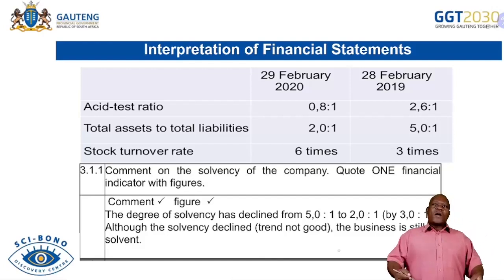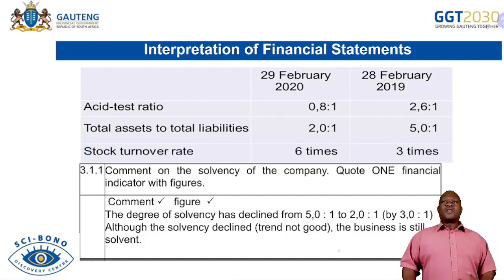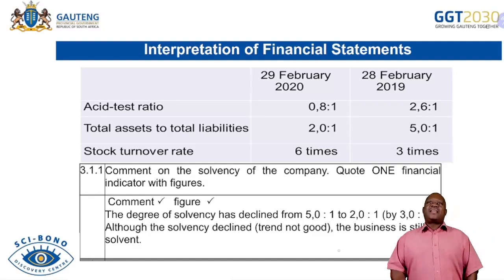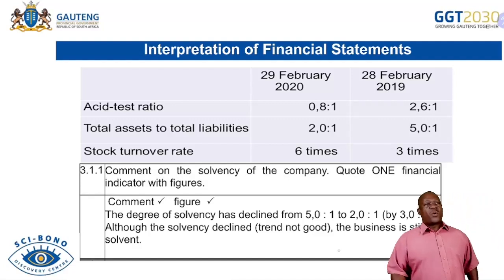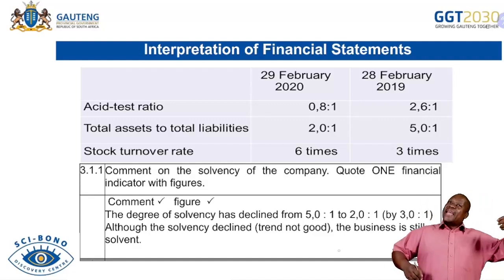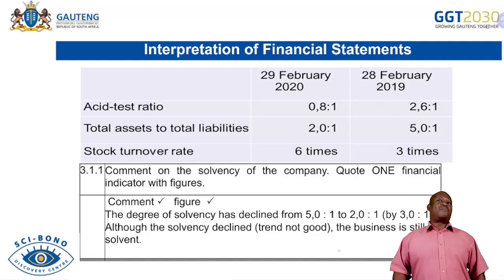So as long as the business is still solvent, we are happy. So there is a decline in solvency. It therefore means now when we compare our assets and liabilities, we were having 5 rands for every 1 rand that we have borrowed in the first year, but in the second year we are having 2 rands for every 1 rand that we have borrowed.